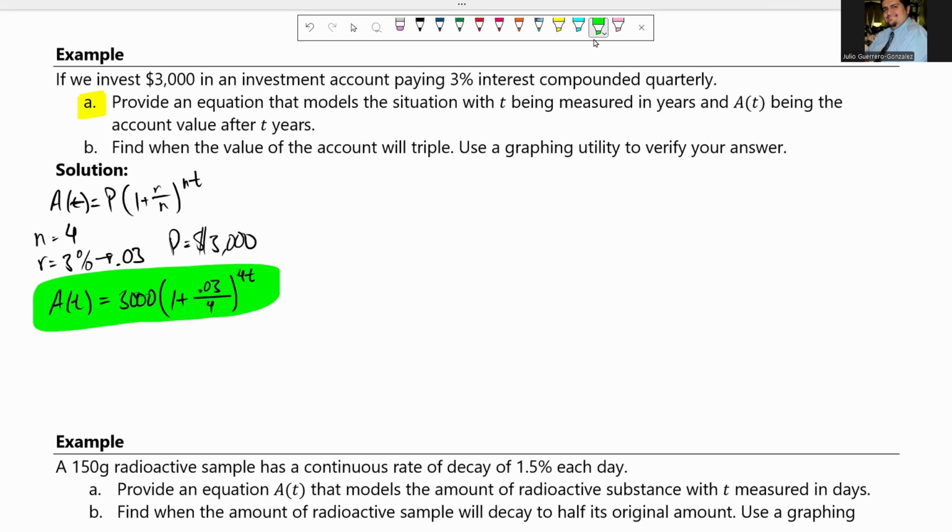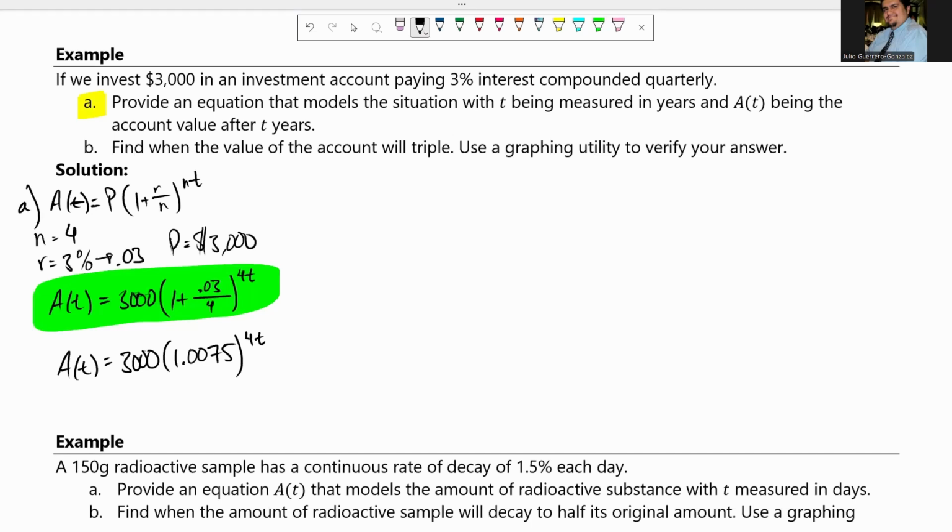I'm going to clean this up a little bit: A of t is equal to 3,000 times 1.0075 to the 4t. Either one of these is perfectly fine as an answer. That's it. This was A.